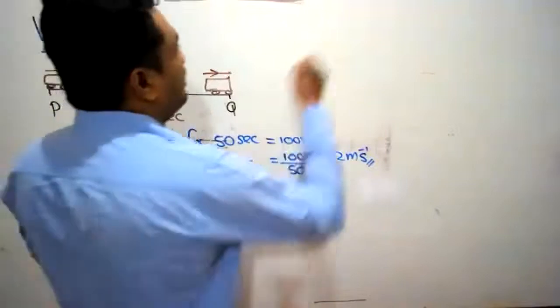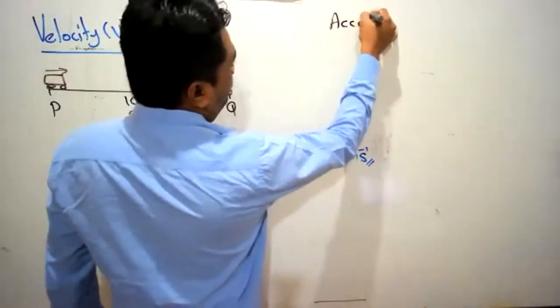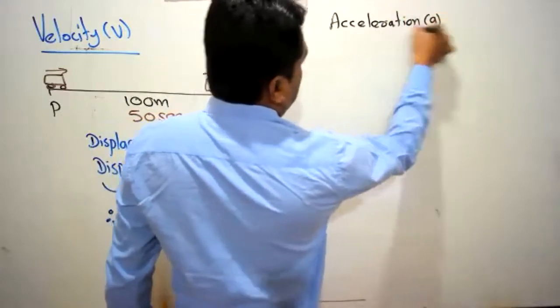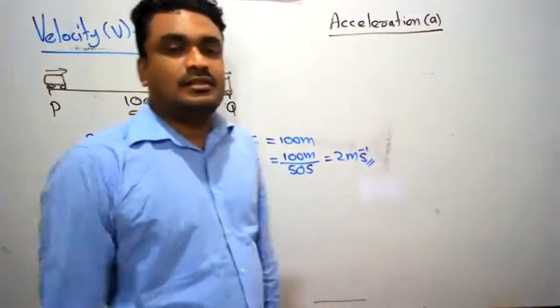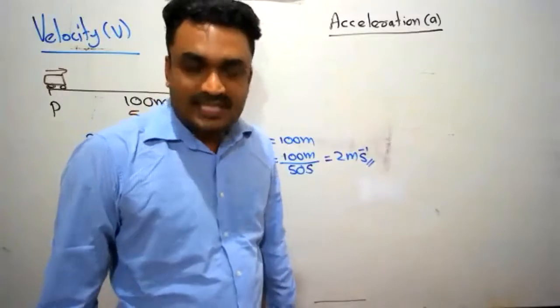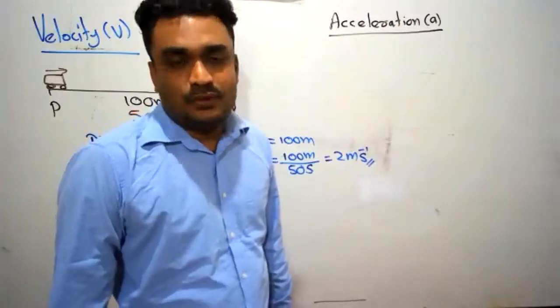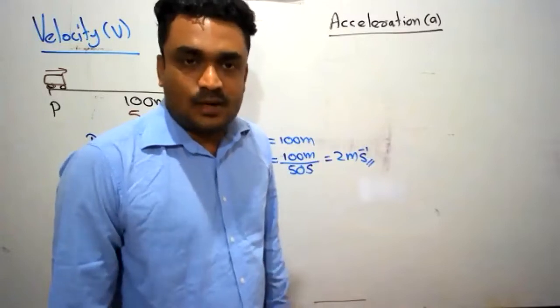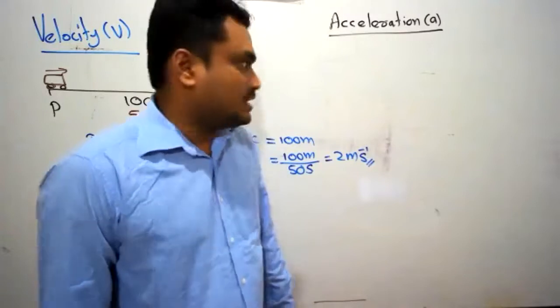The next thing that we have learned is acceleration. The letter symbol A is used to represent acceleration. Acceleration is defined as the rate of change of velocity.